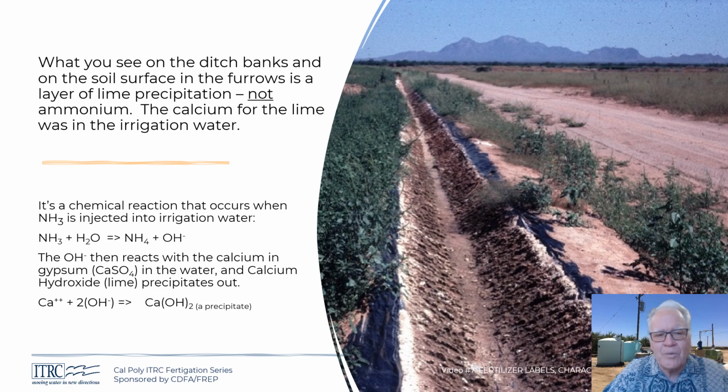And there's a little equation on the bottom left here that shows what goes on when you put ammonia, that's NH3, into the water. It'll convert to ammonium plus an OH ion. And then the OH ion is in the water, and when it combines with the calcium that's in the water, it drops out as lime, or a precipitate. And that's really what you see here on the banks of the canal: the lime.